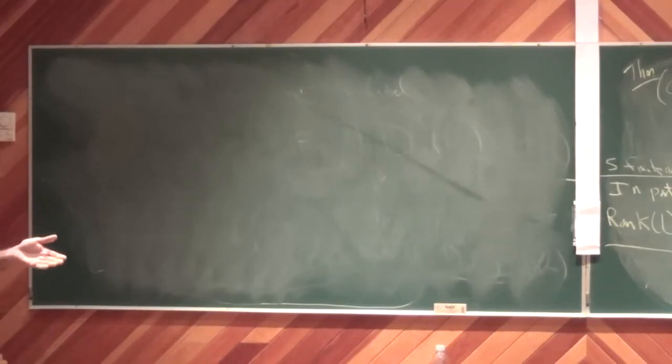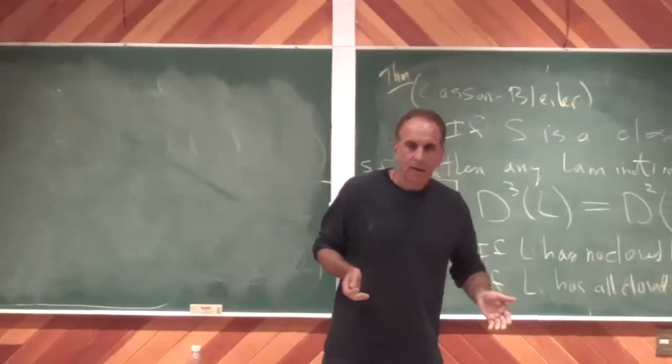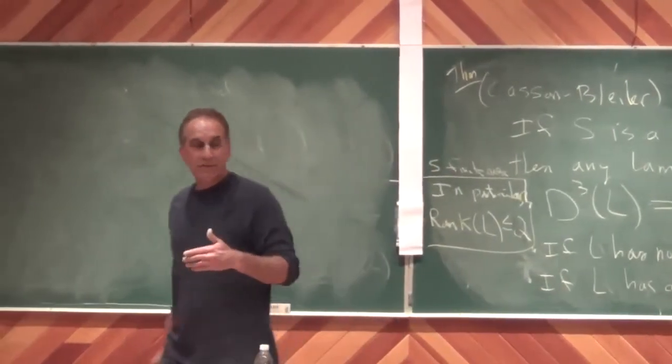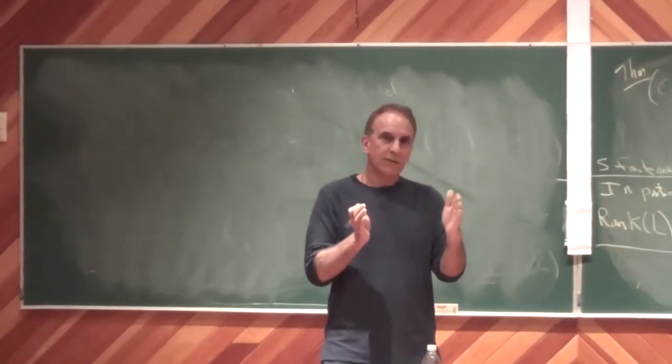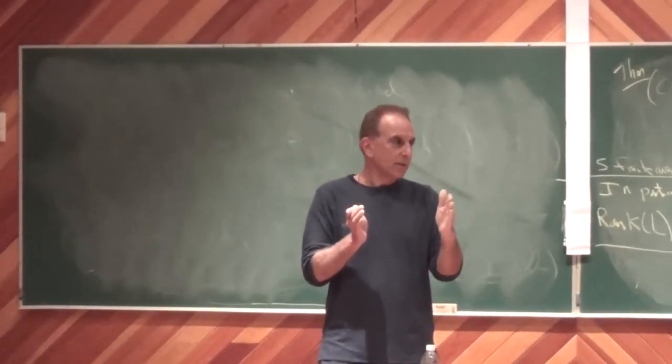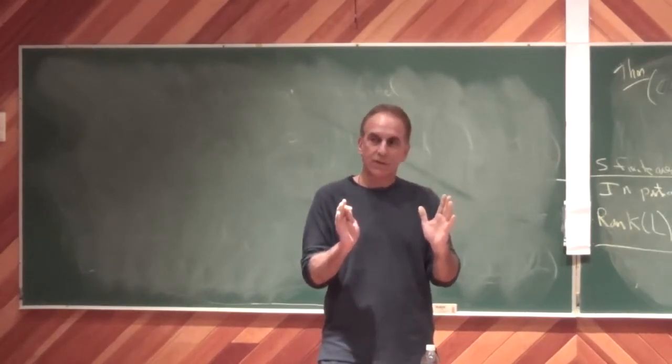But there's something that happens for infinite type surfaces that doesn't happen for finite type surfaces. You could have a sequence of closed geodesics accumulating to an open geodesic on an infinite type surface.